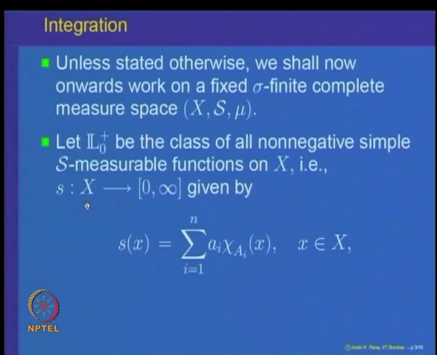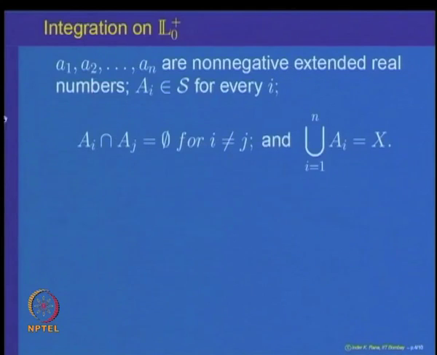Now let us recall what a non-negative simple measurable function s is. It is a function defined on x taking non-negative values, and it has a representation s of x equal to the sum over i equal to 1 to n of a_i times the indicator function of the set A_i evaluated at x, x belonging to x, where a_1, a_2, a_3, ..., a_n are extended real numbers, and the sets A_i are in the sigma algebra S and they are pairwise disjoint.